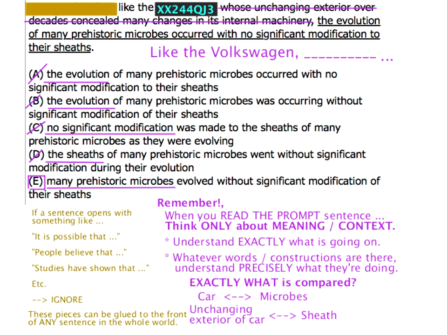Whatever an XX244QJ3 is, it's obviously a thing that has looked the same on the outside for many years, but has changed on the inside. That information right there is enough to establish that we're comparing it to the whole bacterium and not just the sheath of it. Whatever this thing is, the whole thing is what the comparison is, not just the exterior part.